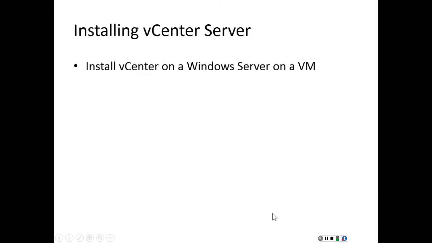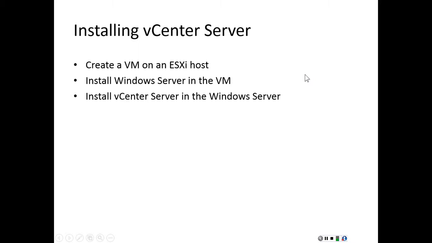Now, to install vCenter Server, what we're going to do is install vCenter Server on a Windows server on a virtual machine. 3 main steps. We create the virtual machine on the ESXi host, assign it 2 microprocessors and 8 gig of RAM.